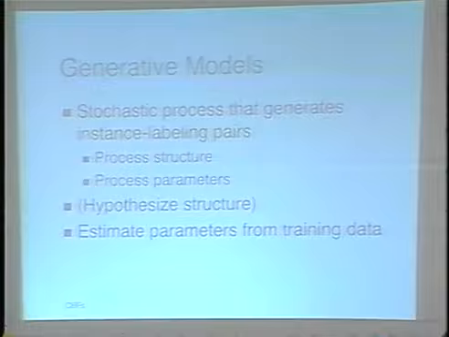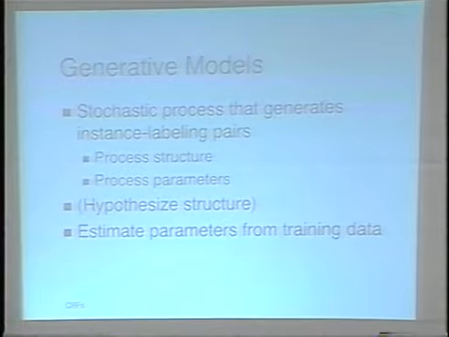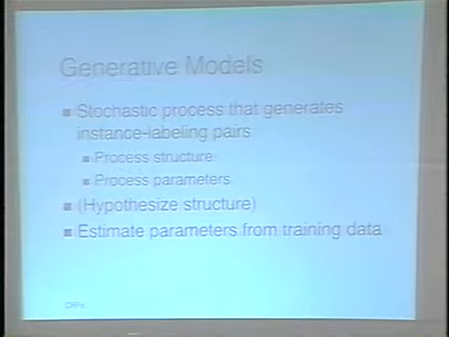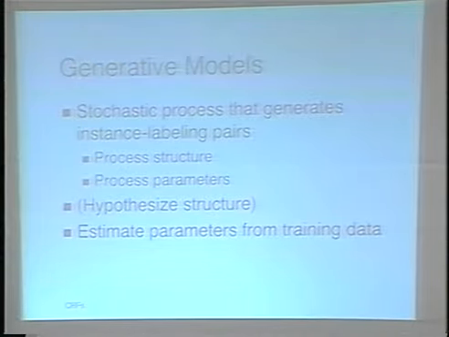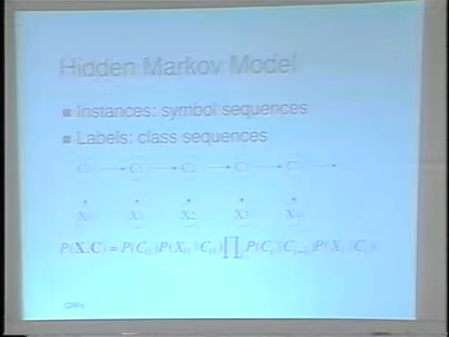So one approach that people have taken to these kinds of sequence problems, which is maybe the most popular, is through the use of generative models, where essentially what you model is a stochastic process that generates input sequence labeling pairs. An example of that is a hidden Markov model.